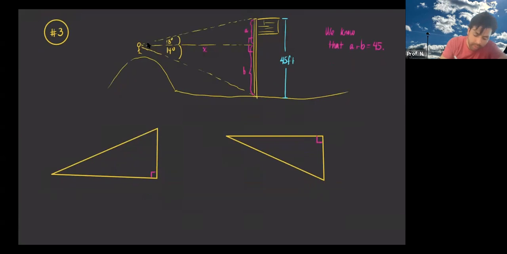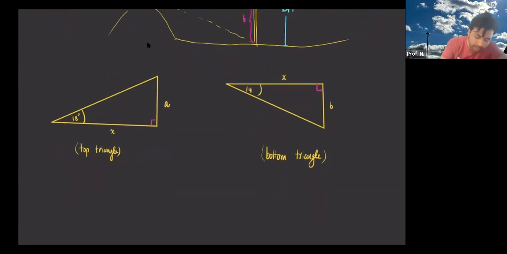So this is the top triangle, and this is the bottom triangle. In this one, we have an 18-degree angle. We have X, and we have A. In this one, we have a 14-degree angle. We got X, and we got B.